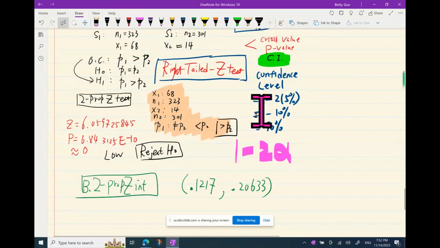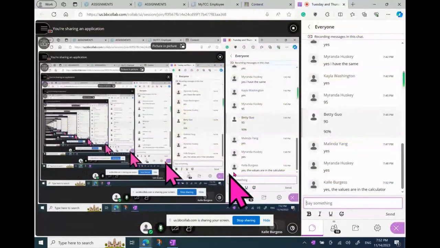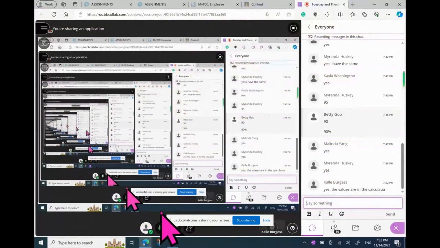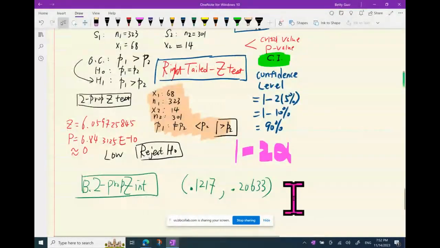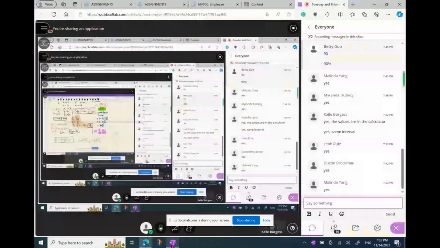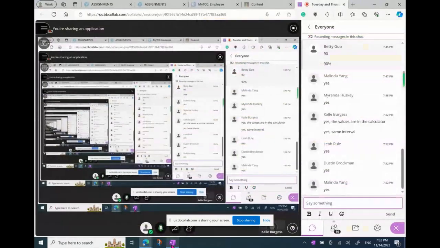Before we round the answer, that's the confidence interval we have. The values are in the calculator. Yeah, exactly. Same values. We don't have to repeat entering those values, right? Do you have the same interval though? Okay, awesome. Thank you guys.